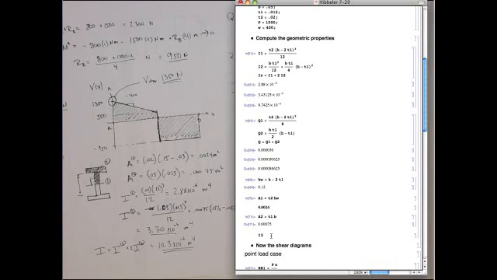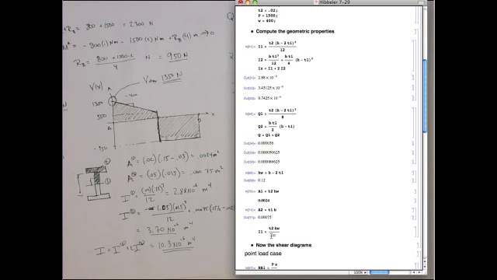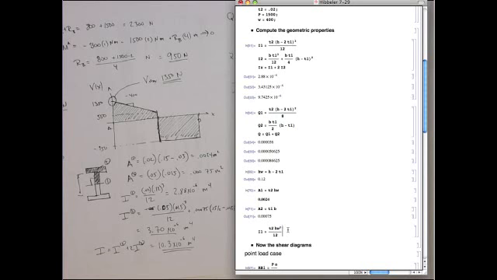So I1 is going to be 1/12 the base, which is T2, times the height. I've got this web, so I know the height is going to be the height of the web, and that has to be cubed, all over 12. It's around the centroid, so that's what it is. 2.88, okay, that confirms that.